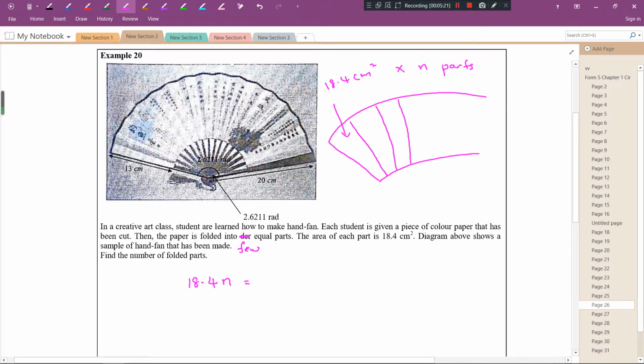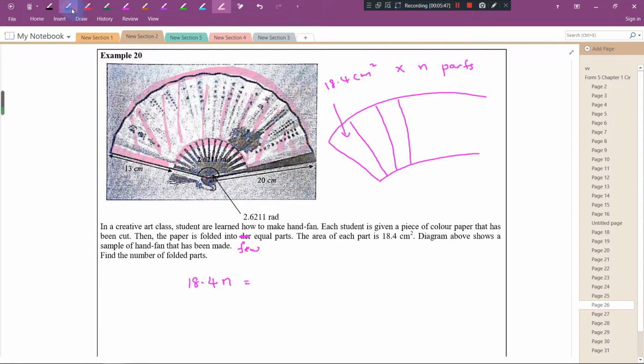So now I want to find the area for this part. How do I get the area here? I need to find the area of this sector here minus the area for this smaller sector.